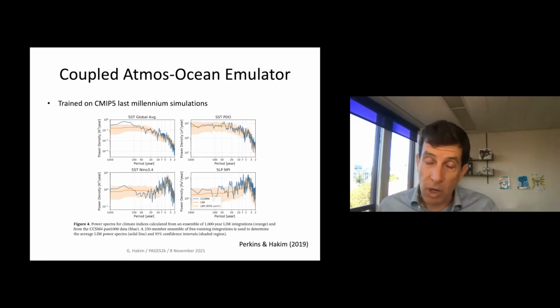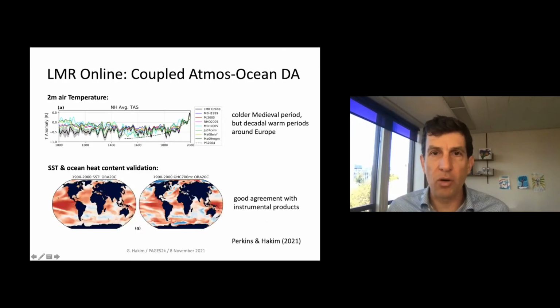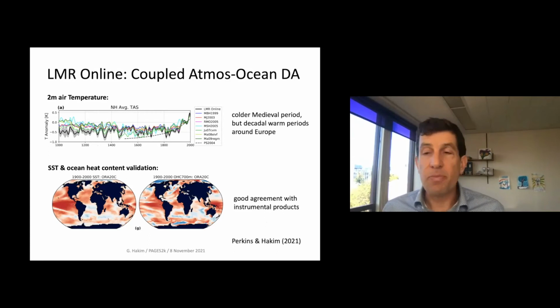And in fact, what I'm not showing you here is that the model has skill similar to the CCSM4 on the timescales of the proxies. And that's really critical for enabling the next step, which is to use that model in the data simulation framework of LMR. And this matters.